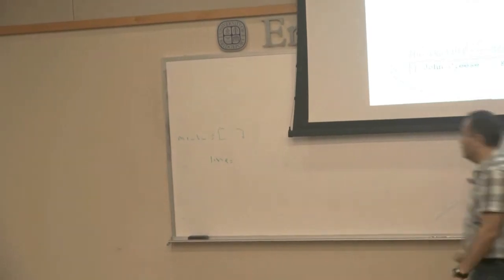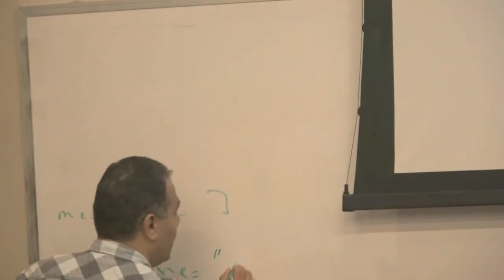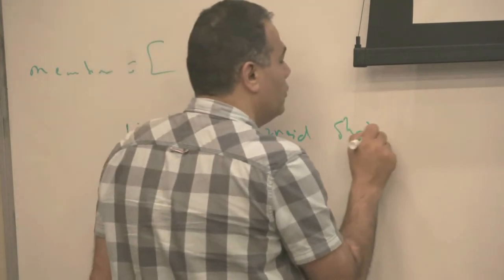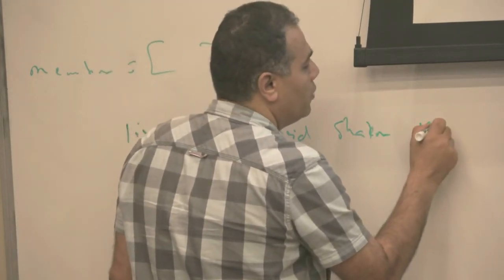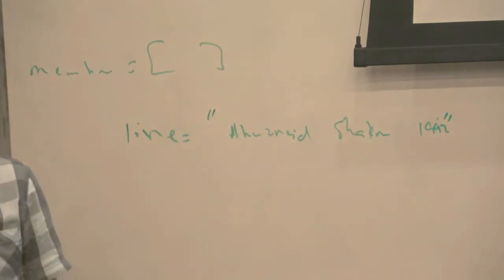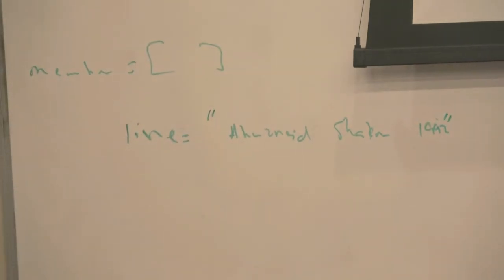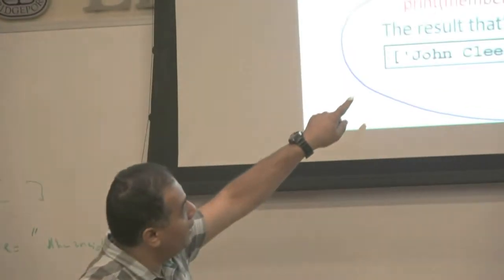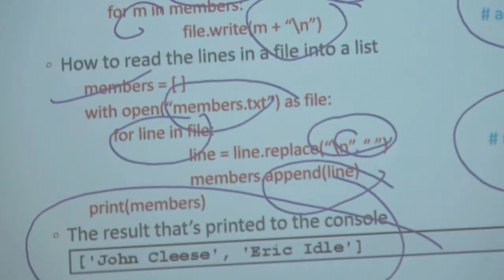Equals what? Abu Znaid Shakur, 92, I think. Right? So that's the first line. That's what's saved in the first line in the file. And then after that, what we did, okay, we removed from the line.